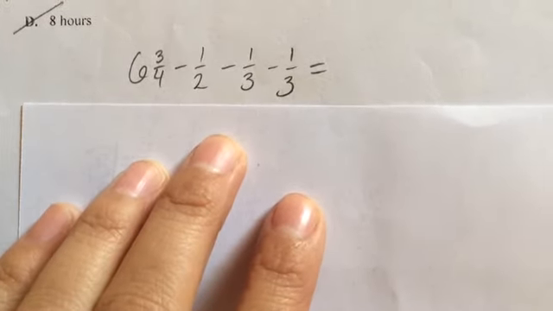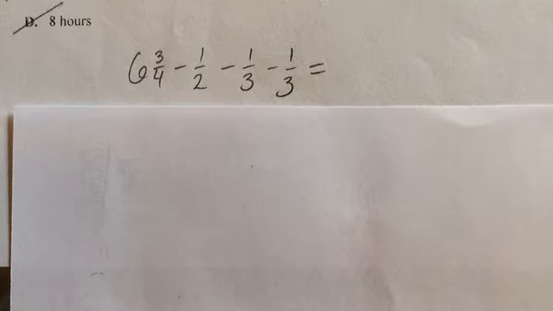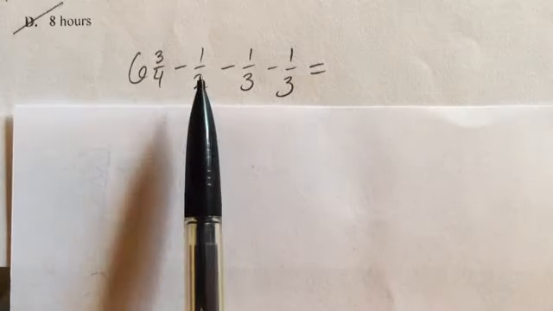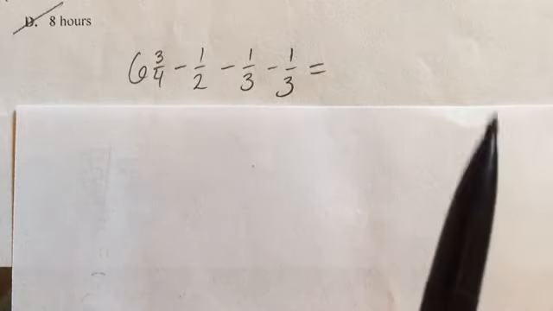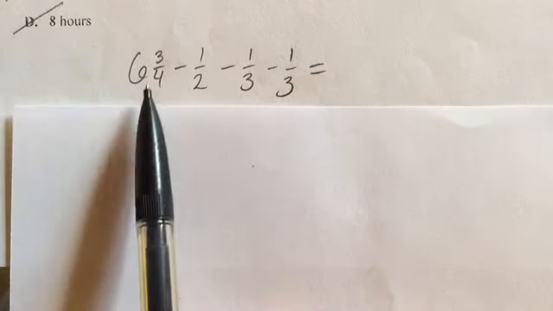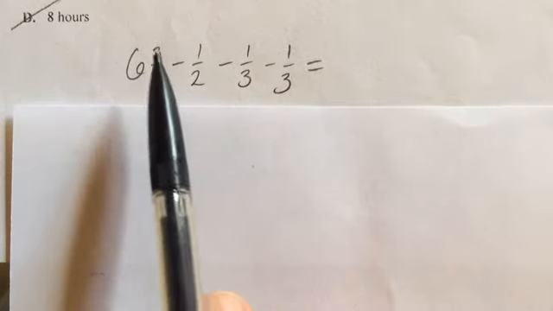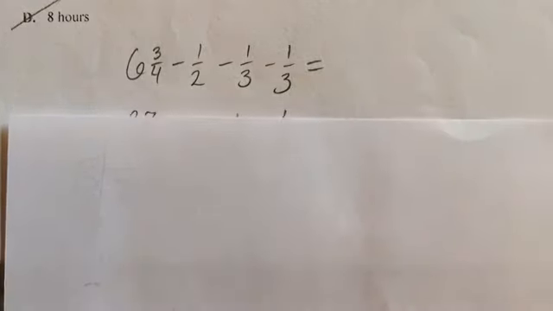Whenever we're subtracting fractions, we have to find a common denominator. The common denominator between 1/4, 1/2, and 1/3, I'm going to use 12. But before I do that, I got to change this back into an improper fraction. I can't have mixed numbers when I'm subtracting like this.